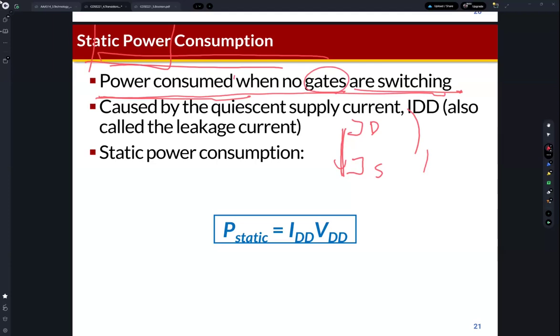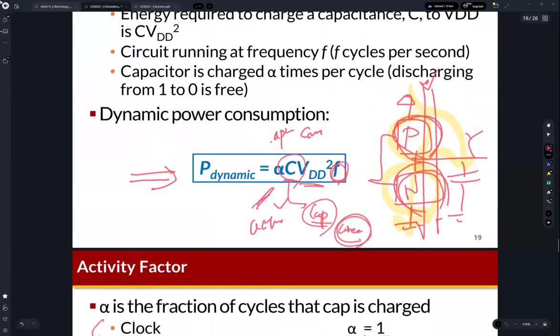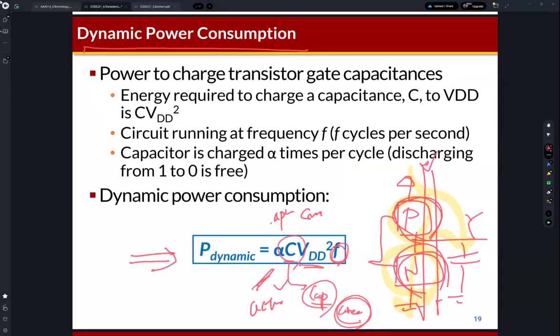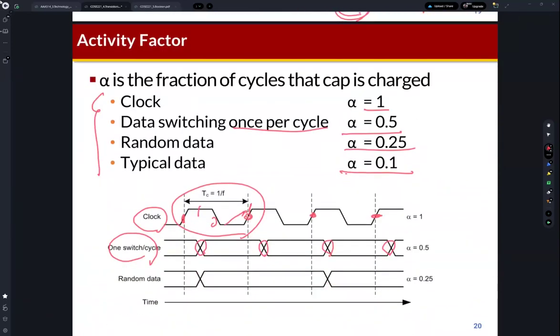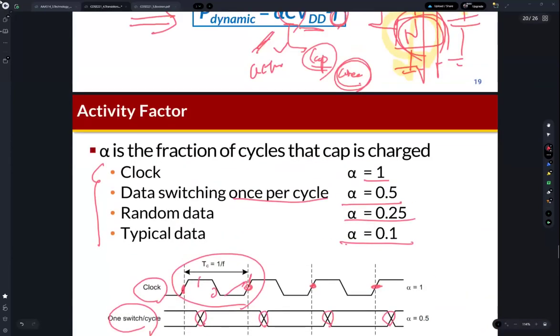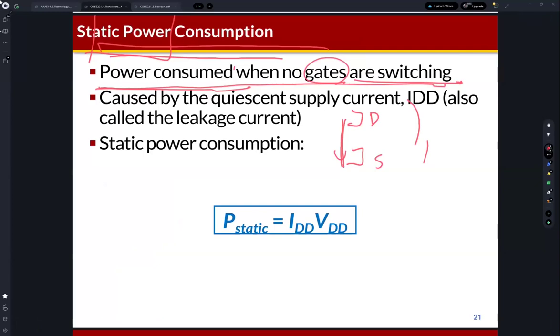When I explained the dynamic power consumption, the dynamic power is consumed when the input and output signals are changed. But static power is different. Even though the input and output signal values are not changed, power is consumed.